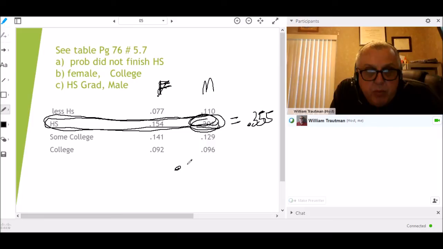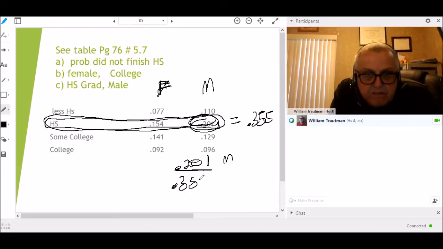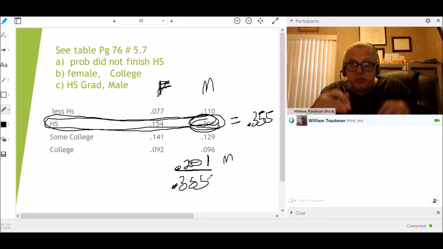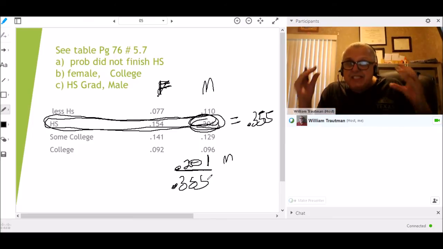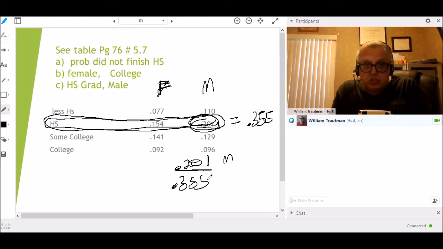So it's going to be 0.201 over the total of high school graduates. This is the male high school graduates over the total percentage of the high school graduates, which is 0.355. We're concentrating just on the high school graduates. The bottom number is going to be the sum of that column or row.